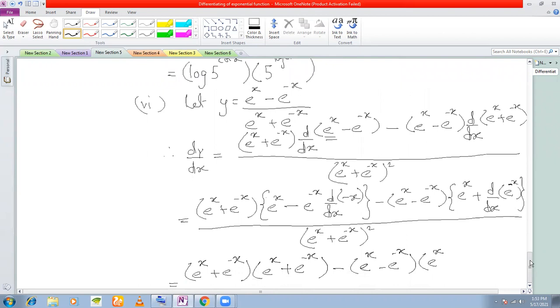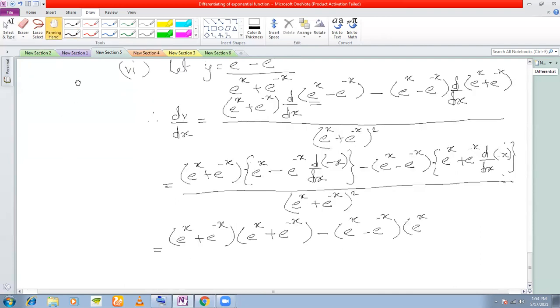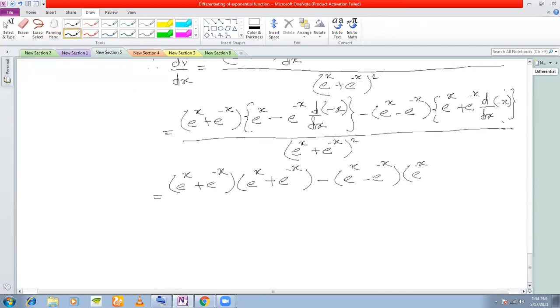This is d/dx e to the power of minus x into the d/dx of, this should be e to the power of minus x into the d/dx of minus x. Okay, so this is e to the power of x minus e to the power of minus x, e to the power of x plus e to the power of minus x square.